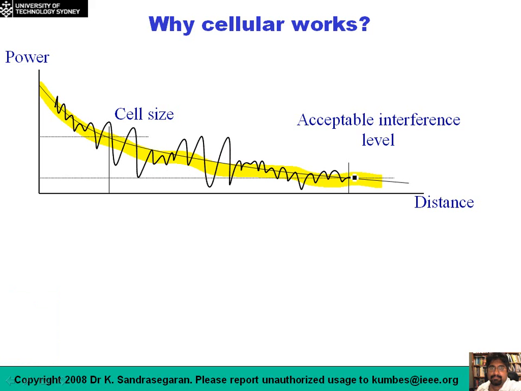It won't be a nice curve like that. But as we move away from the base station, the signal strength will rapidly drop, and there comes a point at which the signal strength is so small it is equivalent to noise level.